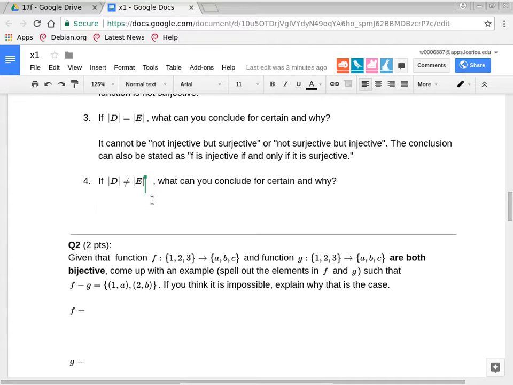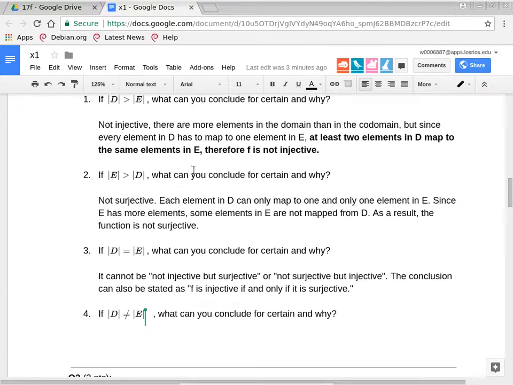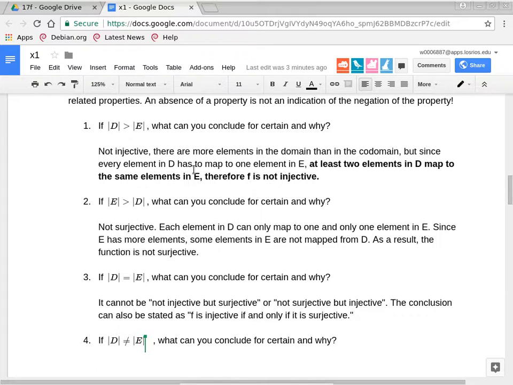We don't know which one it is, right? The conclusion to this one is implied by either question number 3 itself or question numbers 1 and 2, because not equal to is the same thing as greater than or less than, which means you can refer to those. If you're lazy, like I am, you can say this is the conclusion.